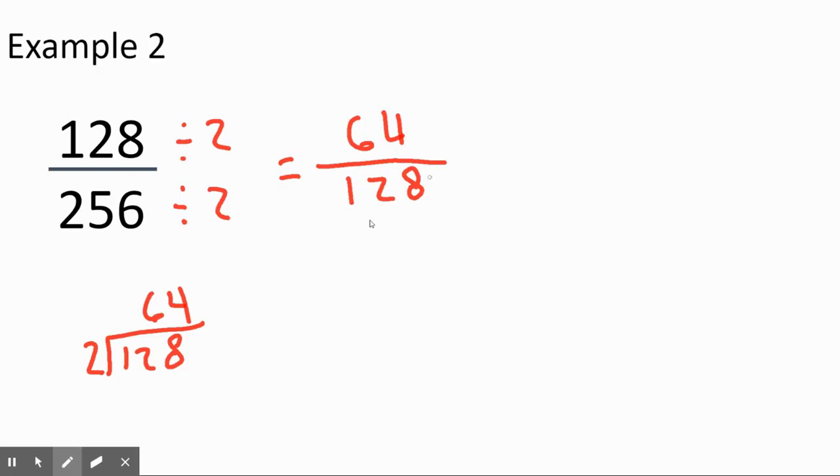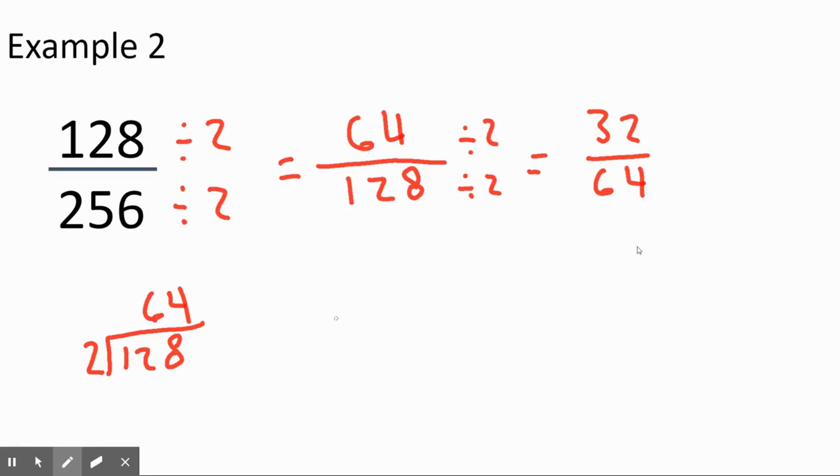Again, I don't know all the things that multiply together to give us these numbers, but I notice that they're both even again, so I can divide by 2 again to get 32 and 64.